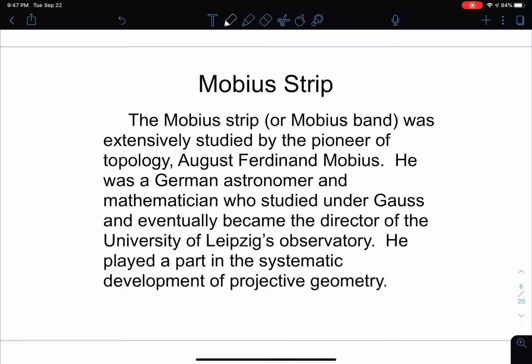That strip is studied by topologists, and it was extensively studied by the pioneer of topology, August Ferdinand Mobius. He was a German astronomer and mathematician who studied under Gauss and eventually became the director of the University of Leipzig's observatory.